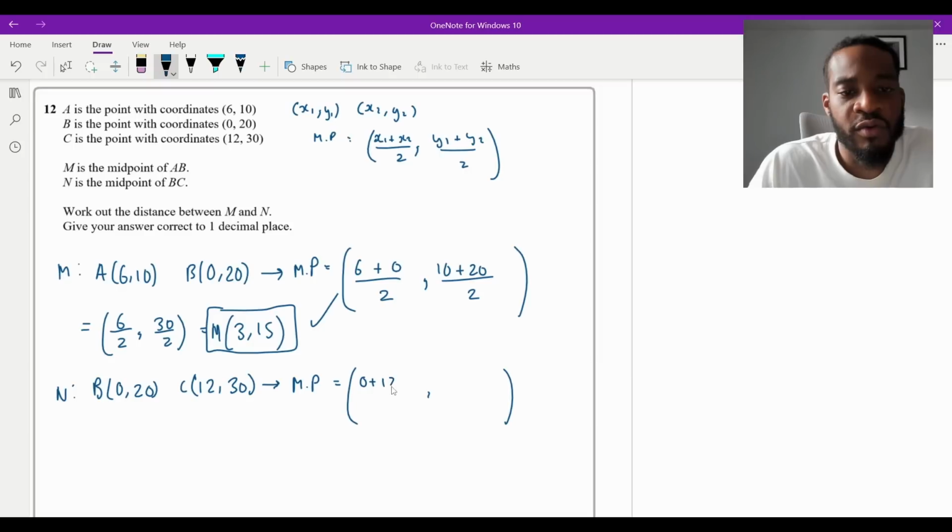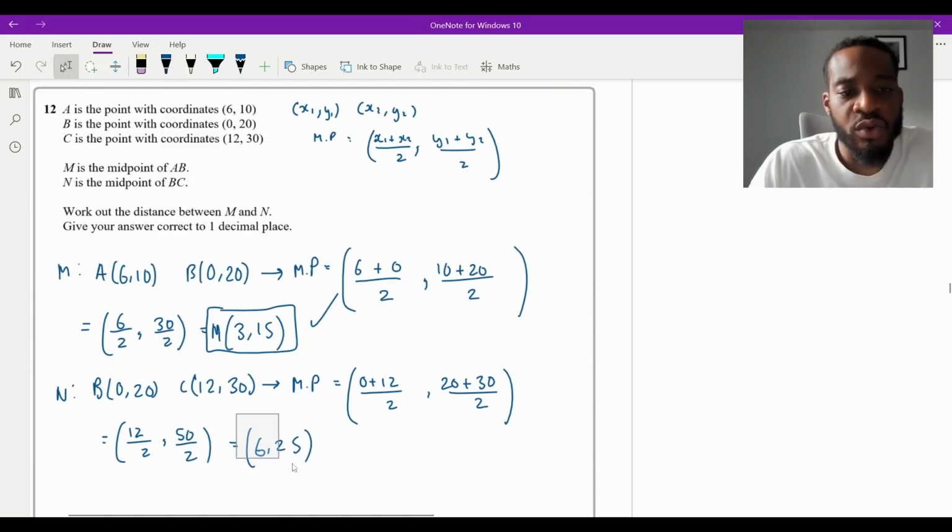So (0 plus 12) over 2, (20 plus 30) over 2. Tidying up, that's going to be 12 over 2, and 50 over 2. And that is going to be (6, 25). And that is the coordinates of N.